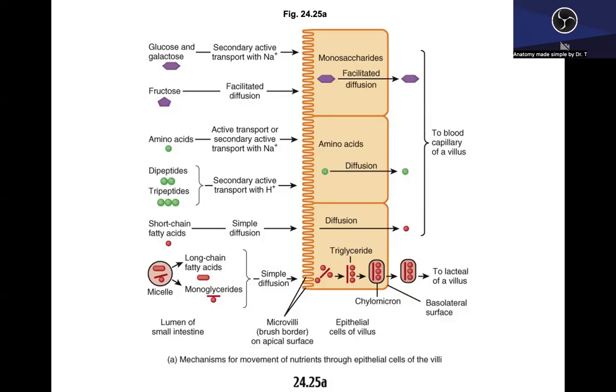Together with lipids, we are also absorbing in the same form the lipid-soluble vitamins, vitamin A, vitamin D, vitamin E, and vitamin K through the walls of a small intestine. In addition to carbohydrates, proteins, lipids, basically something else is going to be absorbed.